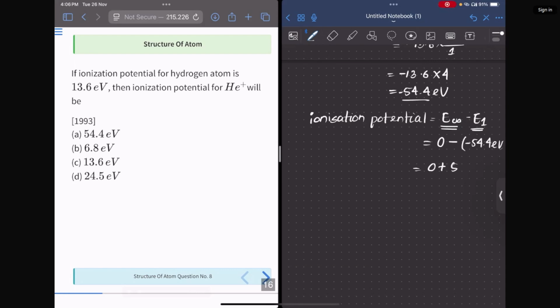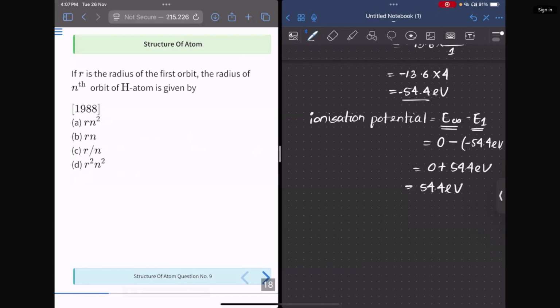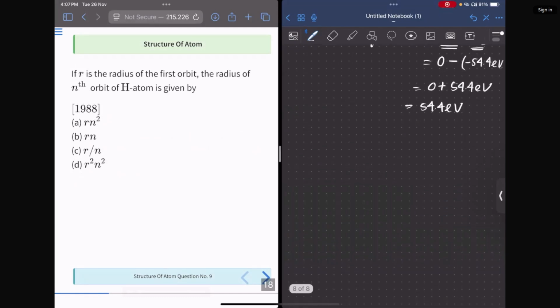So 0 plus 54.4 electron volt will be 54.4 electron volt. So the answer will be 54.4 electron volt. We require this much energy to remove the electron from helium plus ion. So let's move on to the next question.